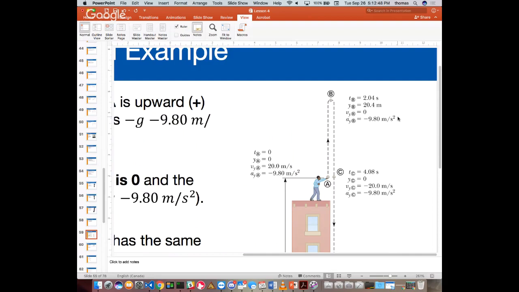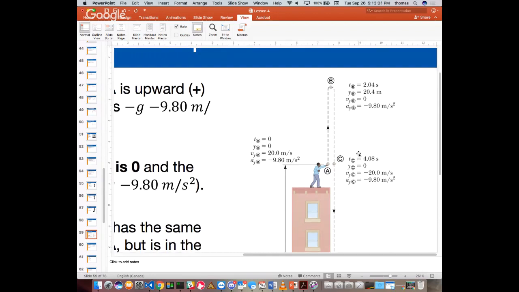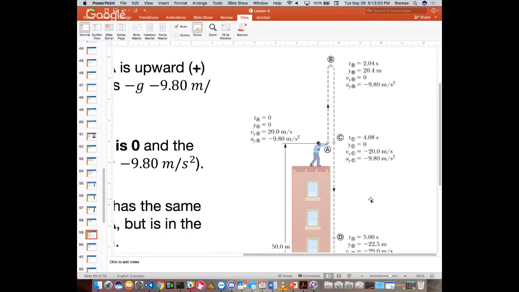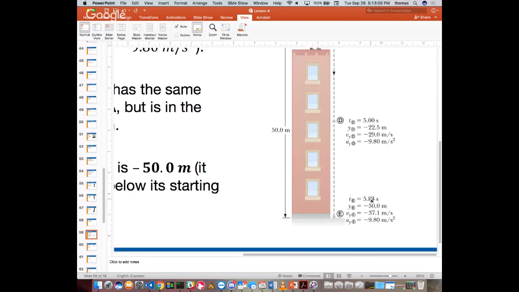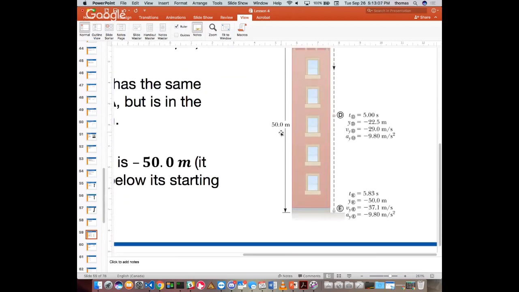It's going to continue to accelerate until it passes him. So for example, at time equals about 4.08 seconds, based on these numbers, it's going to pass him at position C, and it's going to keep going until it hits the ground 50 meters below.